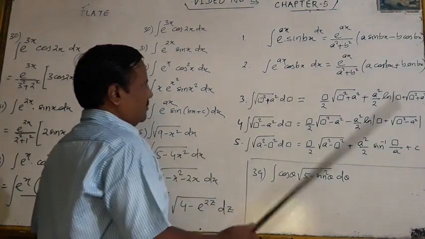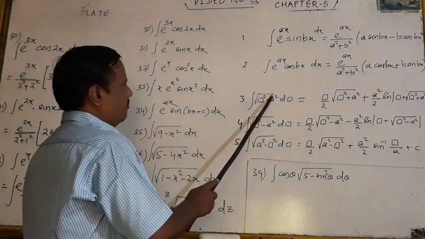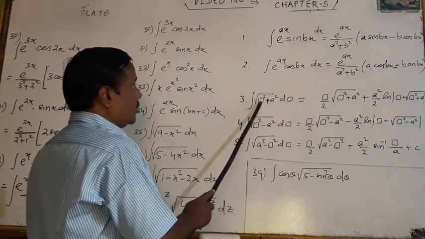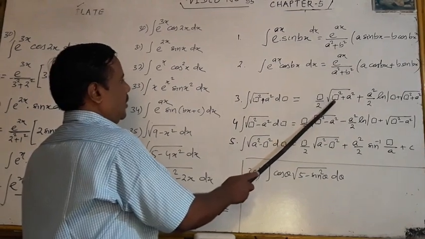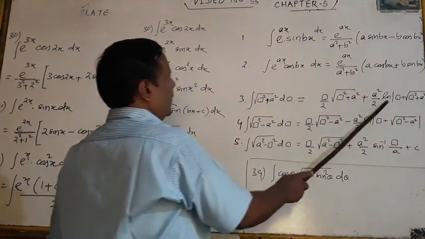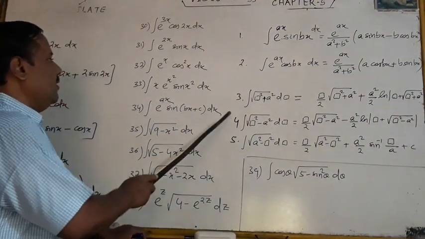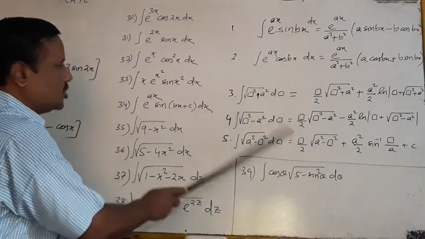Before you look at this formula, I am telling it another way. Take the box: root of box square plus a square over the derivative of that box. Then the formula is box by 2 root of box square plus a square plus a square by 2 ln of box plus root of box square plus a square. Similarly for 4 and 5. You should remember everything in the box manner.